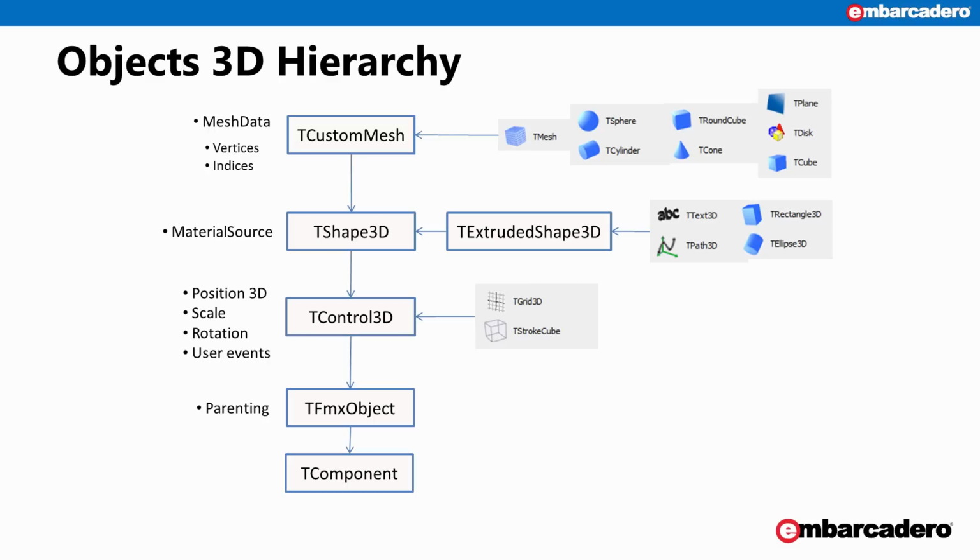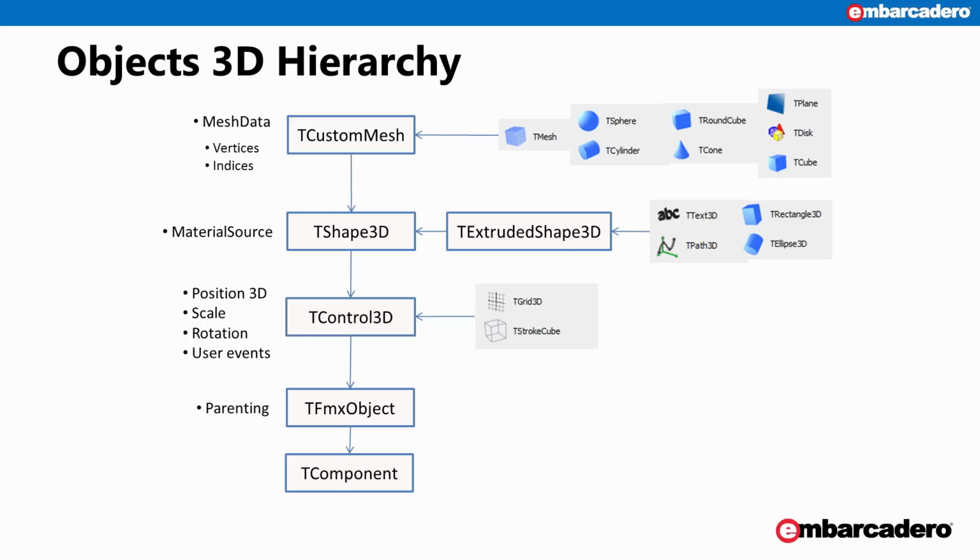So all objects in FireMonkey derive from TFmxObject, which is a direct descendant of TComponent, which is a base class of all components in Delphi and C++ Builder, not only FireMonkey but also VCL. But TFmxObject is a base class that provides basic functionality like parenting that is typical for FireMonkey applications, not only 3D but also traditional 2D.